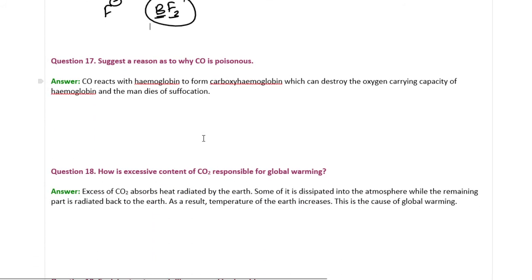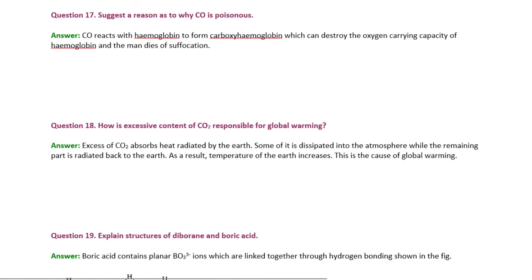Now next, explain the reason as to why CO is poisonous. CO and hemoglobin. First of all, what is the purpose of hemoglobin? Hemoglobin transports oxygen to the tissues.